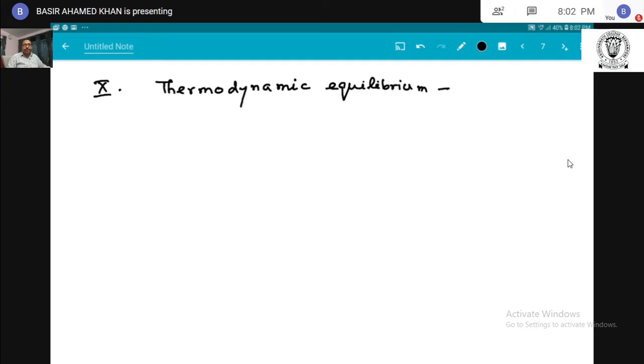A system is said to be in thermodynamic equilibrium which satisfies the mechanical equilibrium, chemical equilibrium and thermal equilibrium simultaneously. Then the thermodynamic system is called to be in thermodynamic equilibrium.